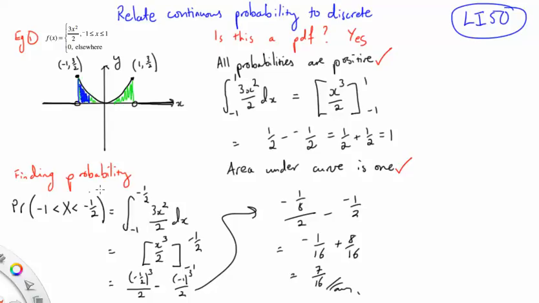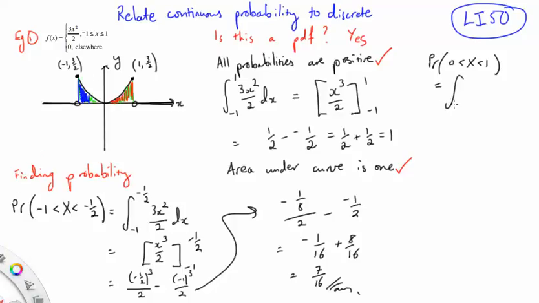Let's do another one for finding probability. Let's find the probability that our continuous random variable falls between 0 and 1. So that's going to be this area here. Can you guess the answer already before we do it? It's going to have to be a half, because that's half the area under the curve.